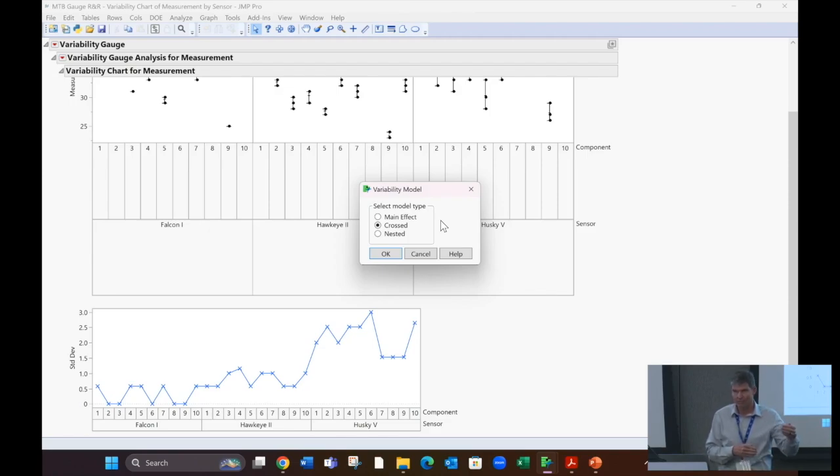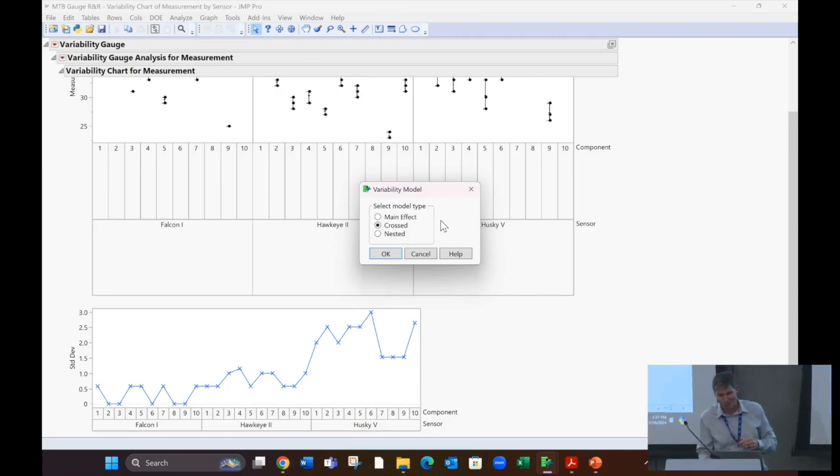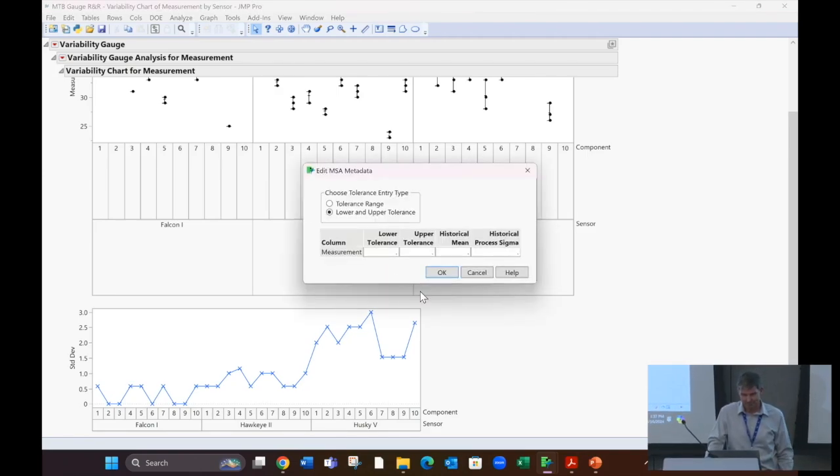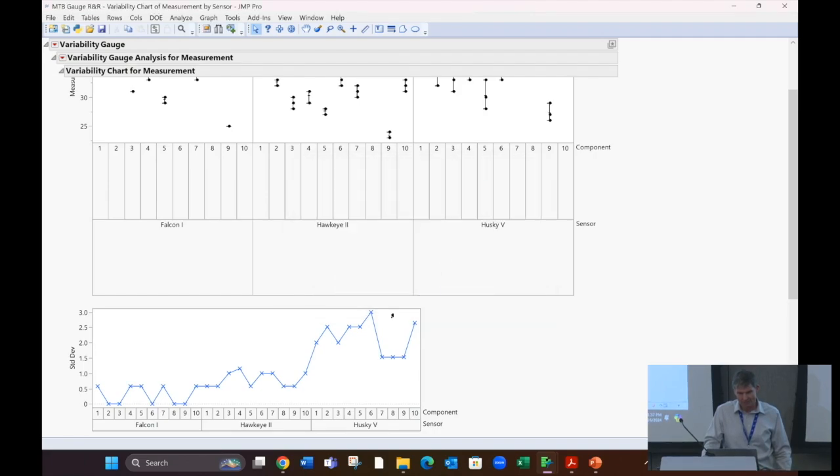If he's not measuring the exact same thing but something as close as possible, that would be nested, I'm sorry. So crossed is if we are able to measure the same thing, and that's exactly what is going on here. So we'll just leave that alone.